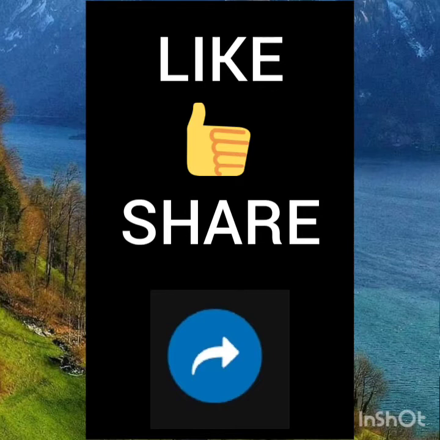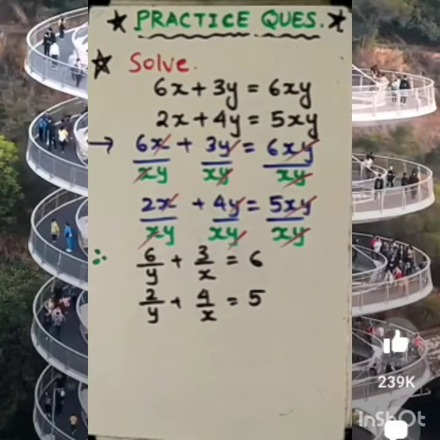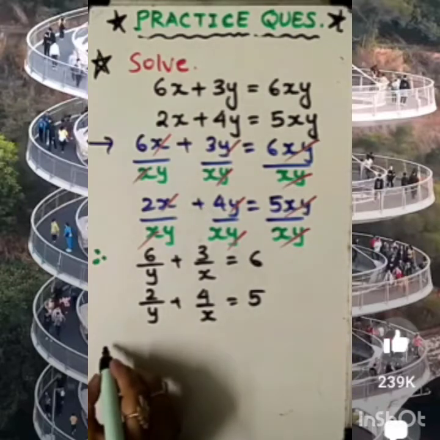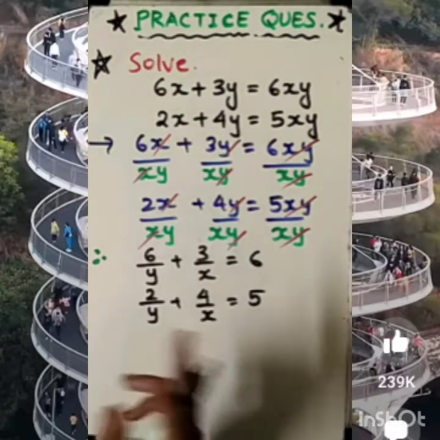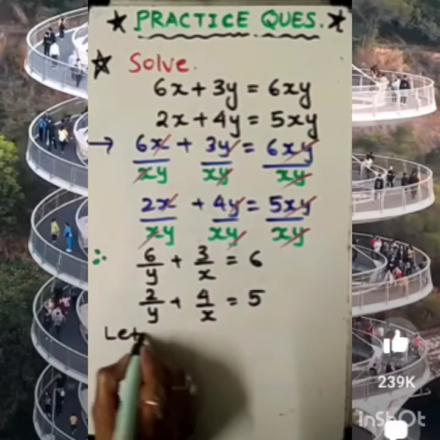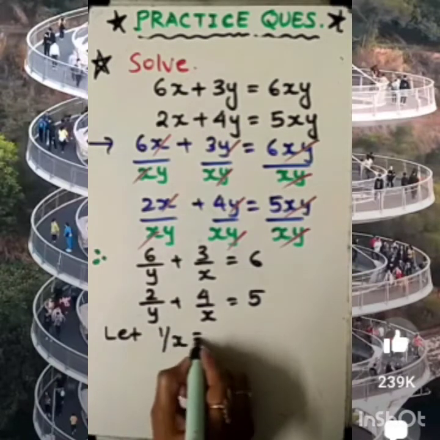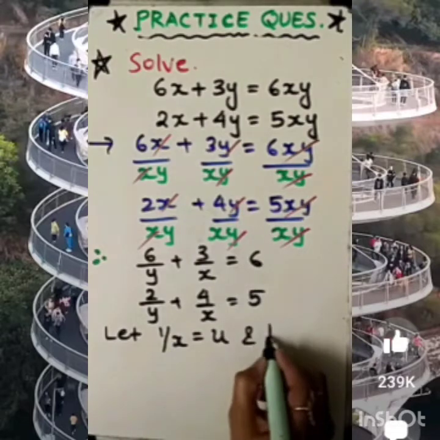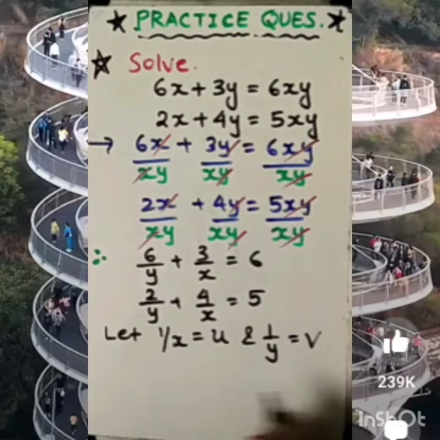Now this is also not in a linear form. That is not again in a linear equation form. So what we have to do? In such a case, again we need to convert them into linear equation. So let 1 upon x equal to u and 1 upon y equal to v.